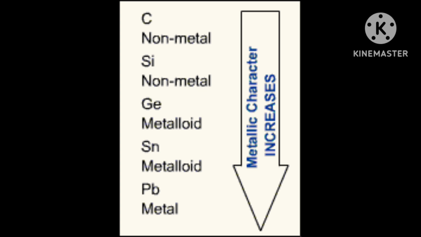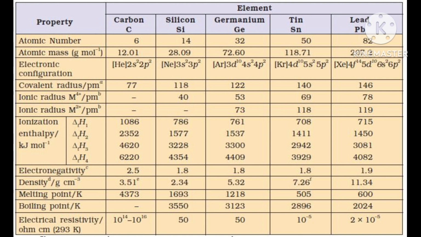Carbon also exhibits negative oxidation state, +4 as well as -4, plus and minus both. Since the sum of the first 4 ionization enthalpies is very high, compounds in +4 oxidation state are generally covalent in nature, because it is very difficult to release the electron.